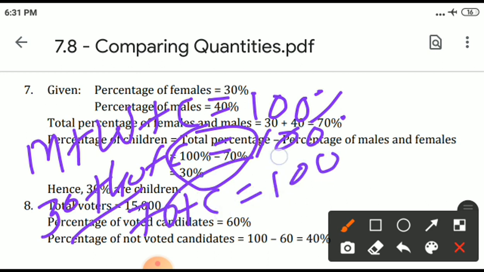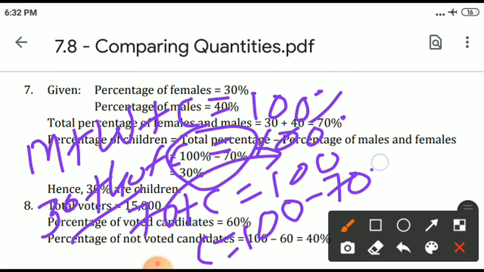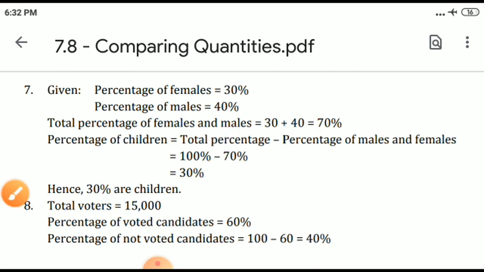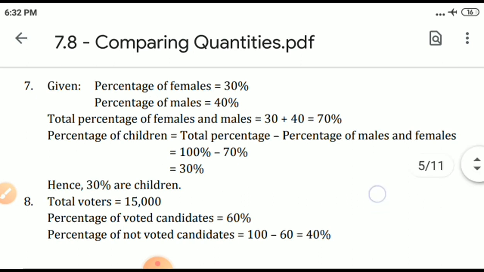Now shift this to the right side. The 70 with a plus sign will move to the right side and become a minus. So 100 minus 70 will give you 30 percent. Easy? Yes, correct. 30 percent is the answer for children.